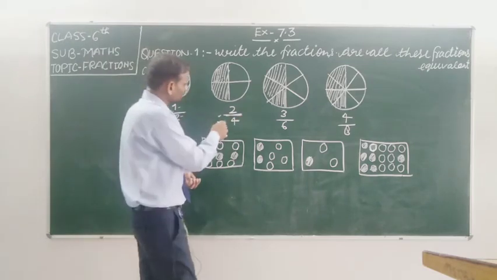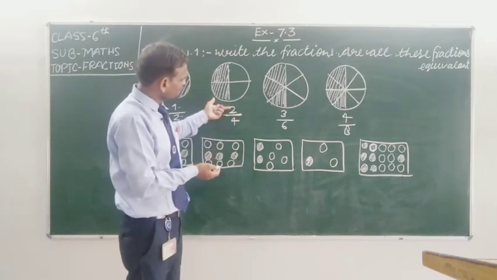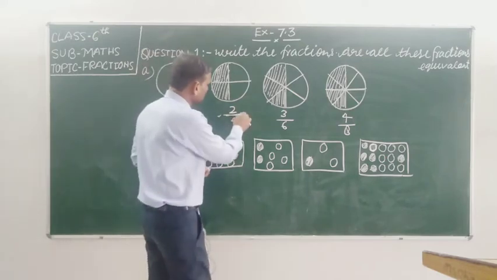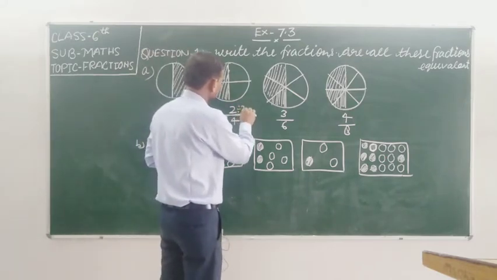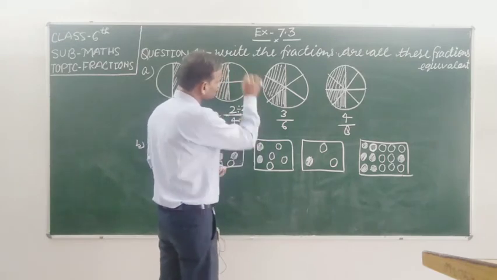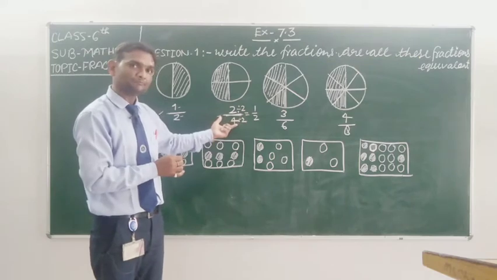So student, when we take out the HCF of 2 and 4, we get 2. So student, we divide the numerator and denominator by 2 and we get 1 by 2. So 1 by 2 is in simplest form.